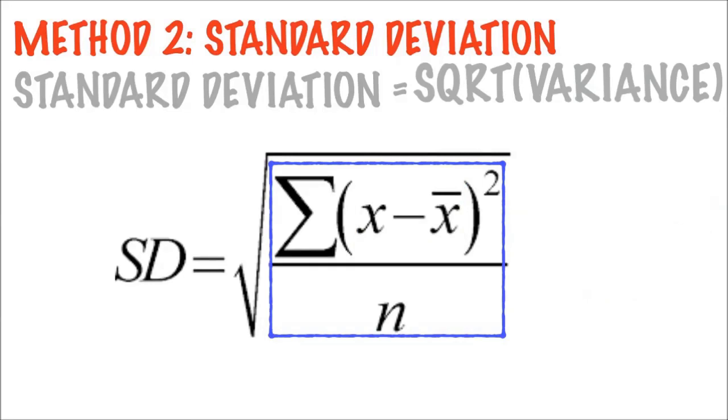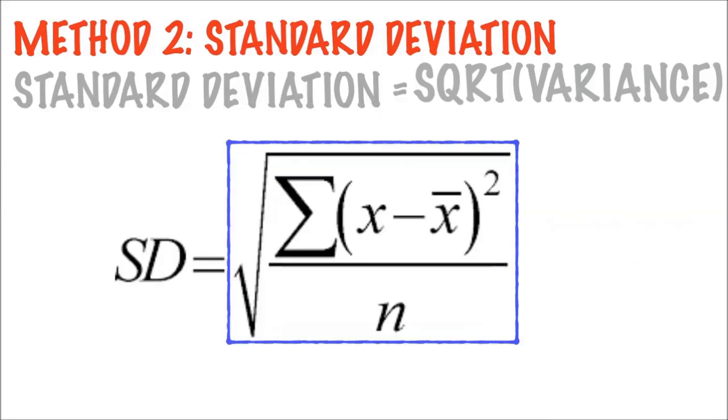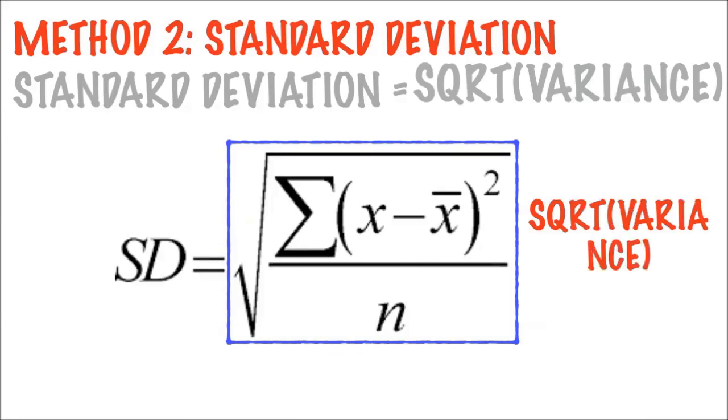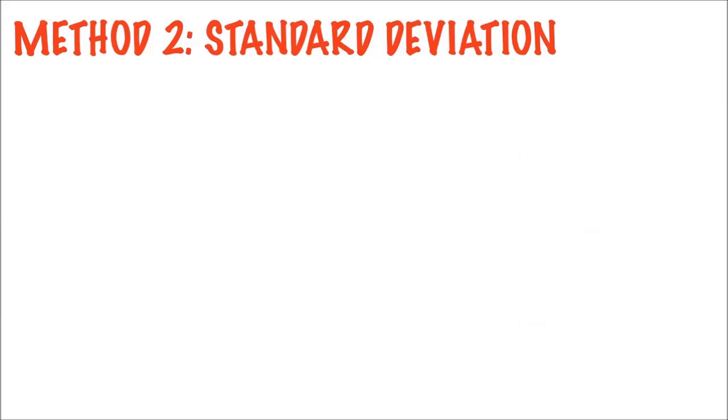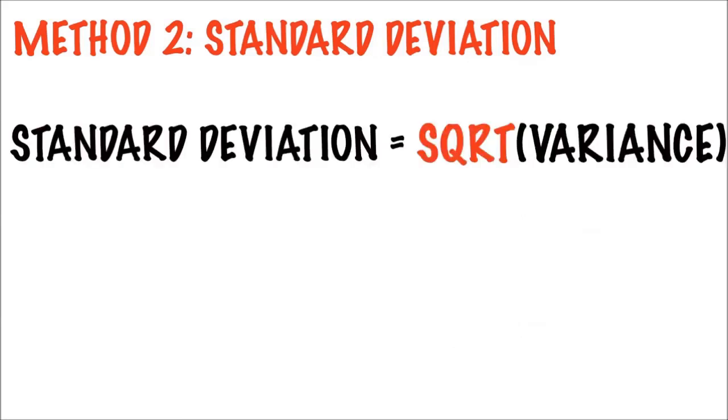This quantity, which is highlighted on screen now, is nothing but the variance. And once we have the variance, we simply calculate its square root, and what we get is the standard deviation. That's why this formula as a whole, which represents the square root of the variance, is the formula that you use if you need to calculate the standard deviation of a set of data.